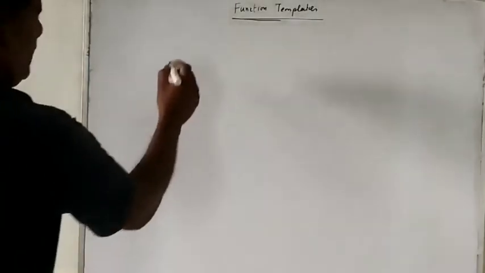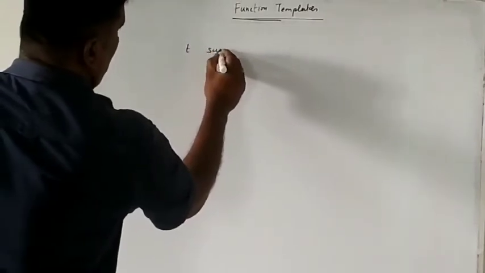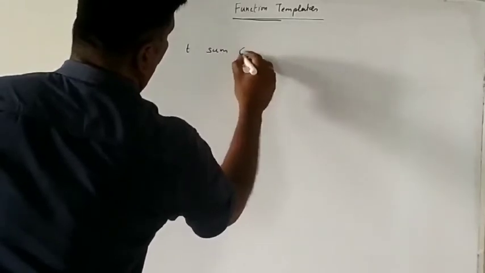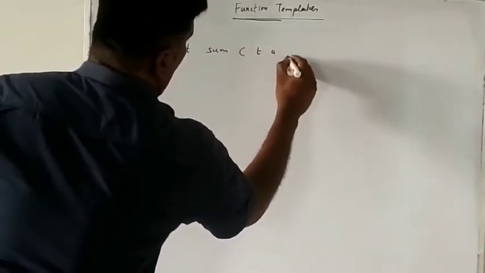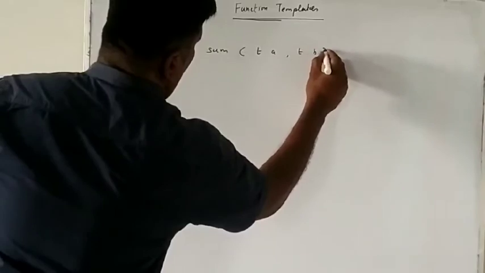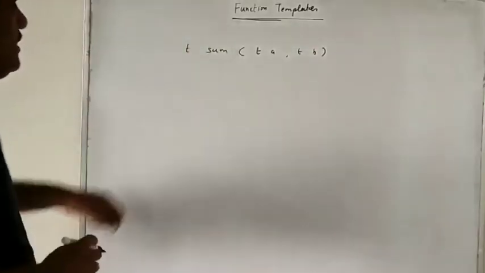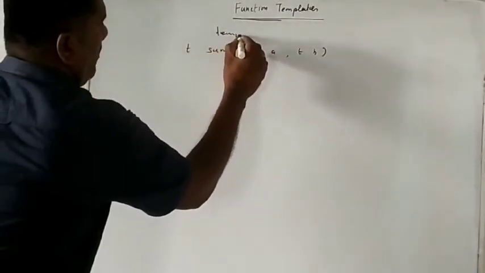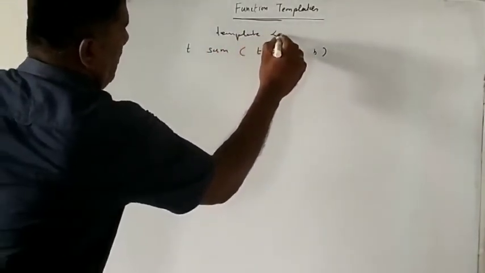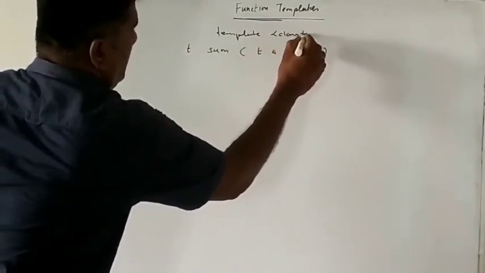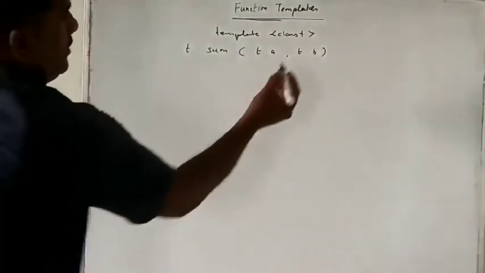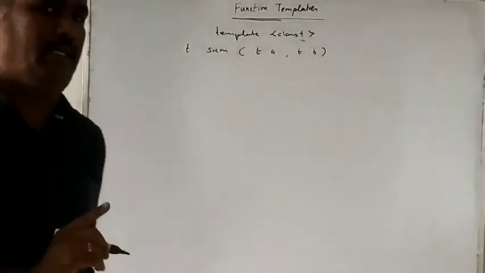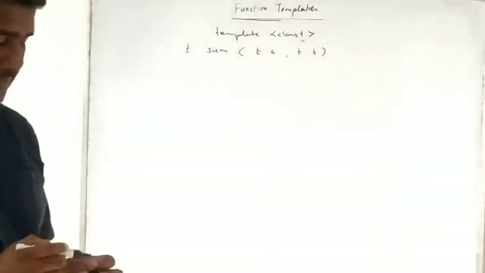Example: T sum of T A, T B, with template class T. So here we are using only one data type.